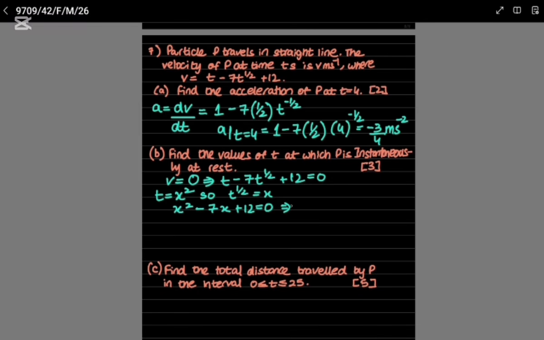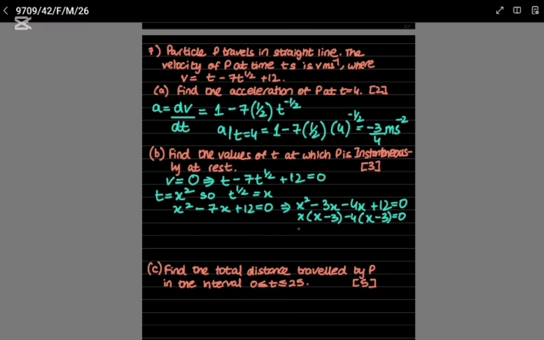Now if you factor this, let me do it step by step. Okay, so x squared minus 3x minus 4x plus 12 equal to 0, x into x minus 3 minus 4 into x minus 3 equal to 0.